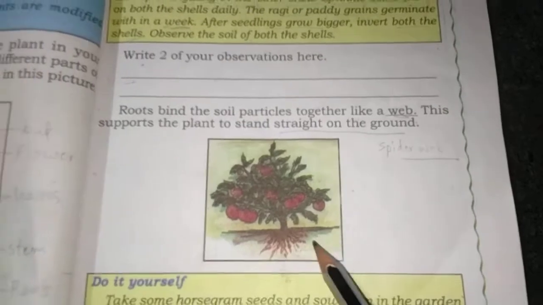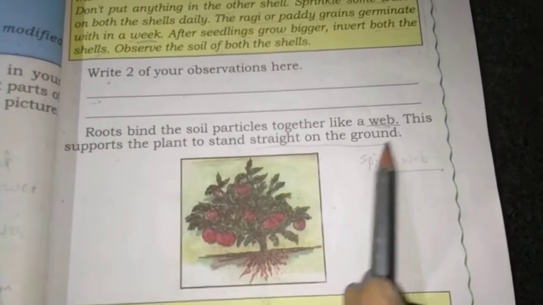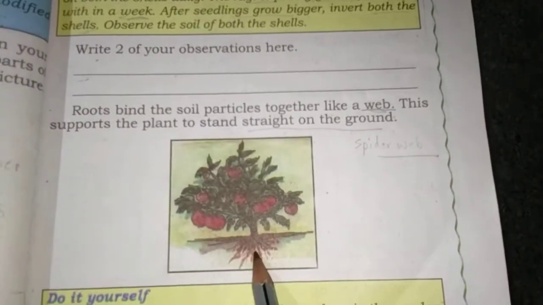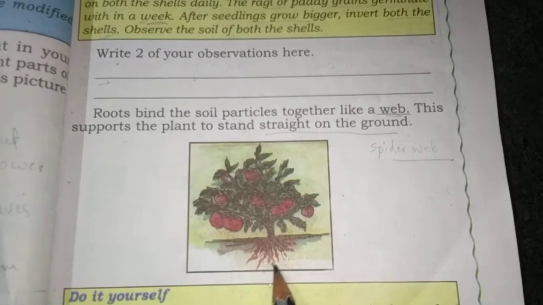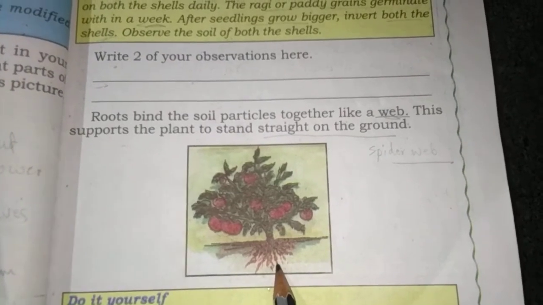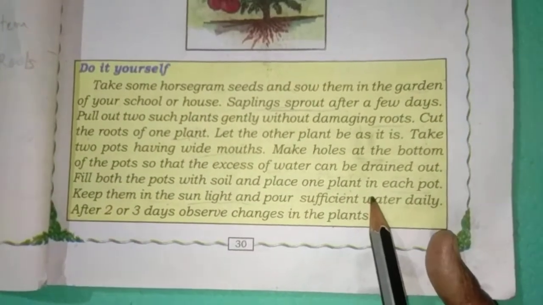Spider web you have seen, no? Like that. And this supports the plant to stand straight on the ground. It means the soil particles are binding the roots, and it is supporting the plant to stand straight on the ground.